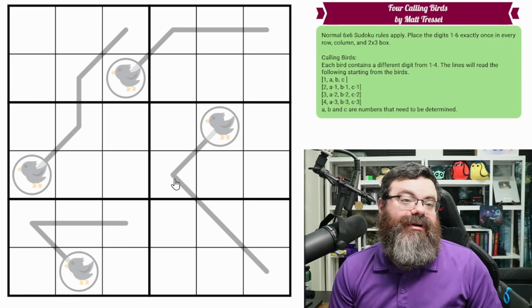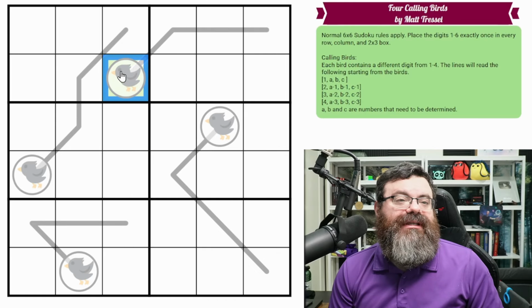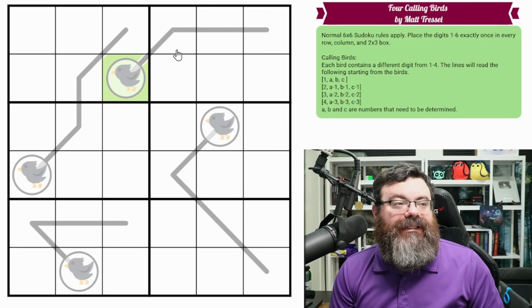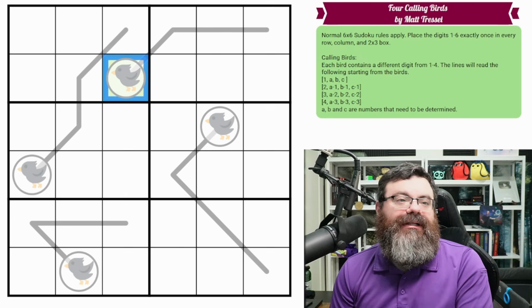So in some order. Okay, so this bird here, let's just call it green. Whatever digit goes in this bird, it actually has to be on its own line. It has to be up here somewhere, just because of the way Sudoku works in the box. So it can't be the 1, because we know 1 is attached to 4, 5, and 6.